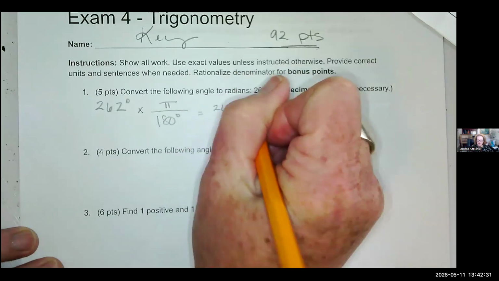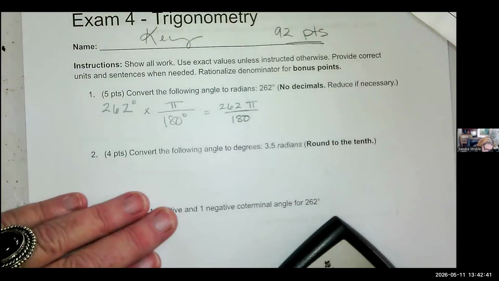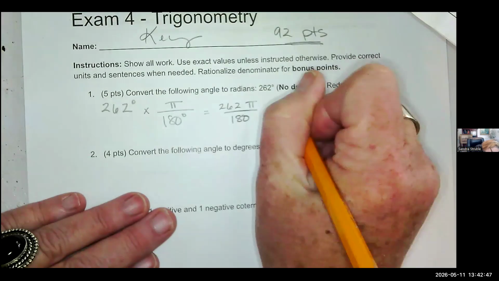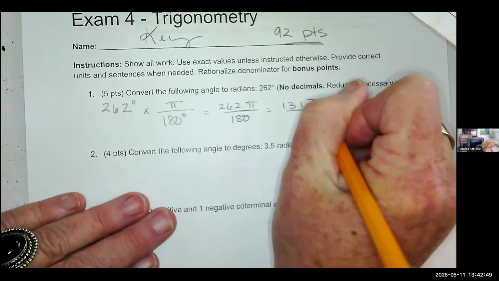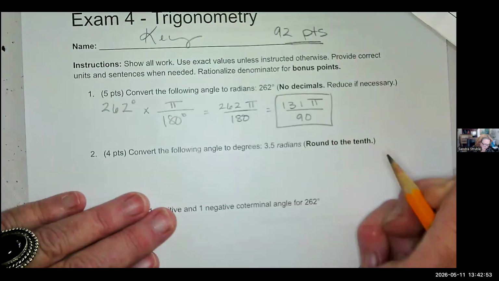The degree piece is gone. Now I just need to reduce. And I know it reduces by 2. So that should be 131 pi over 90. And that is as far as it reduces that I know of. If anyone knows anything different, please let me know.